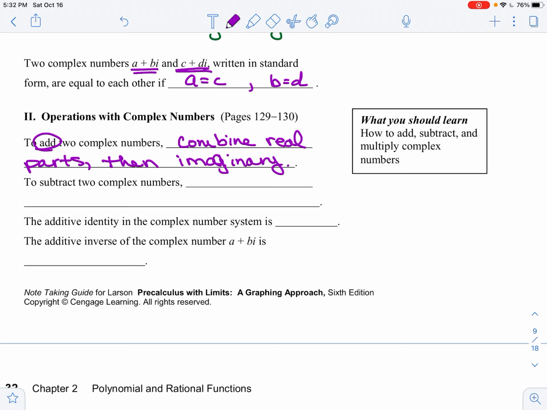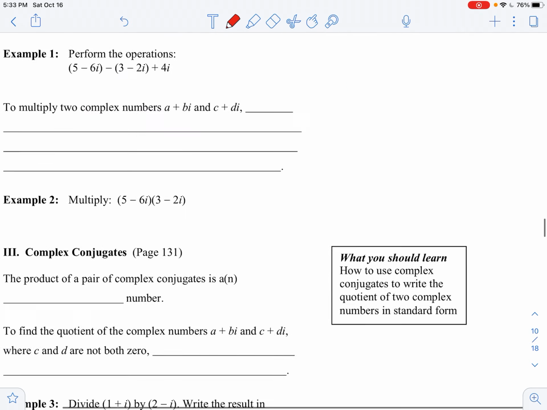To subtract them, you're just going to subtract the real parts, then subtract the imaginary parts. I cannot spell imaginary today. And then we're not going to worry about that.